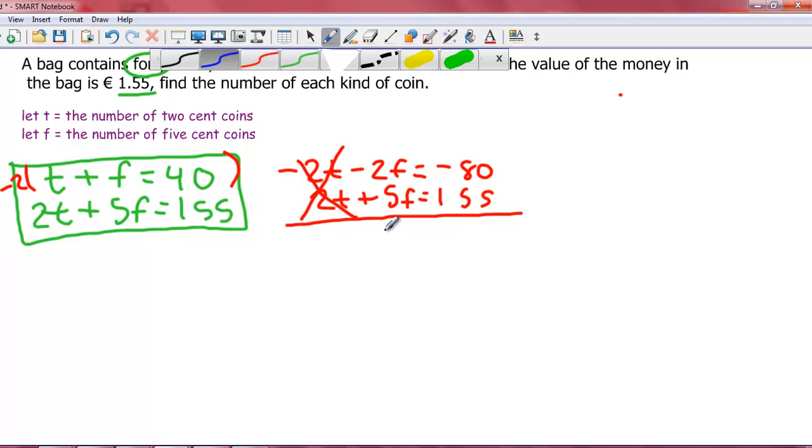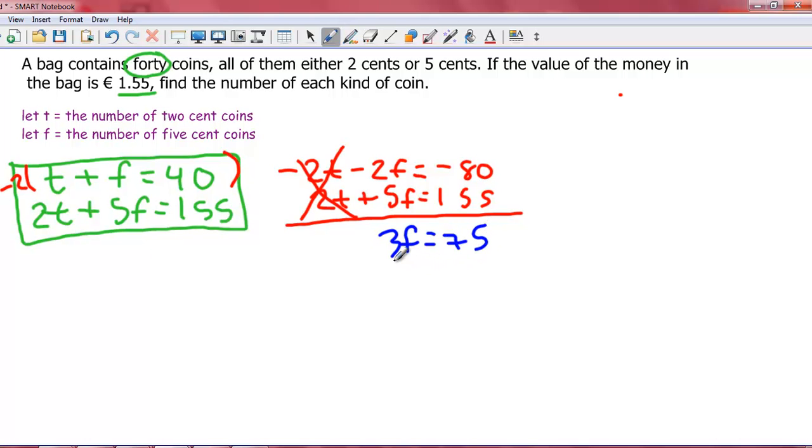So now -2f plus 5f gives us 3f equals -80 plus 155, 75. Right, so we need to divide by 3 here on both sides of the equation. So f is equal to 25.